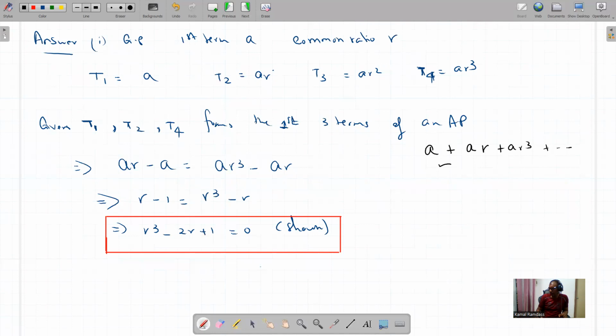That means the common difference, this minus this, equals this minus this. So AR minus A is equal to AR cubed minus AR.